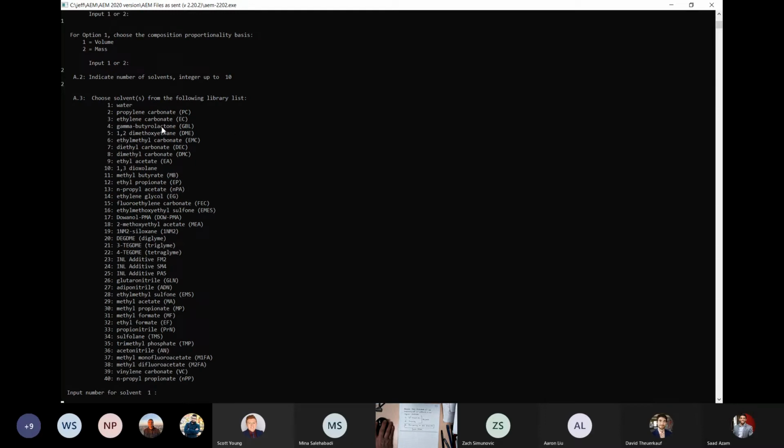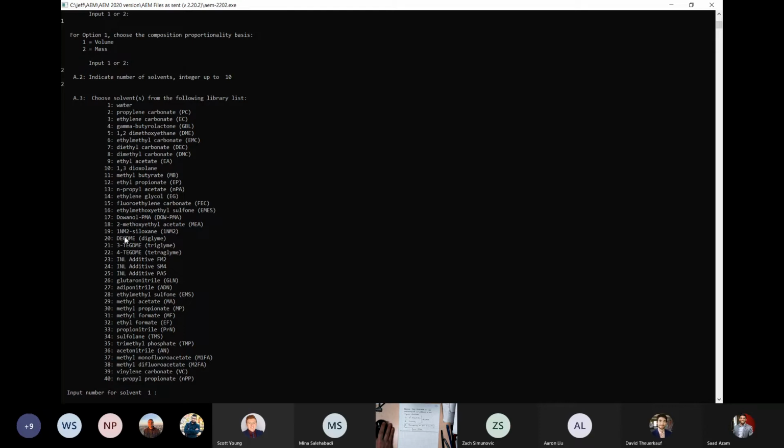And we'll pick, see, so here you have all your solvents that you can select from. So if you look at this list, there's common solvents we are used to: ethylene carbonate, ethyl methyl carbonate, dimethyl carbonate. And then as you go down, you can find methyl acetate in here somewhere. Where is it? Methyl acetate is 29.